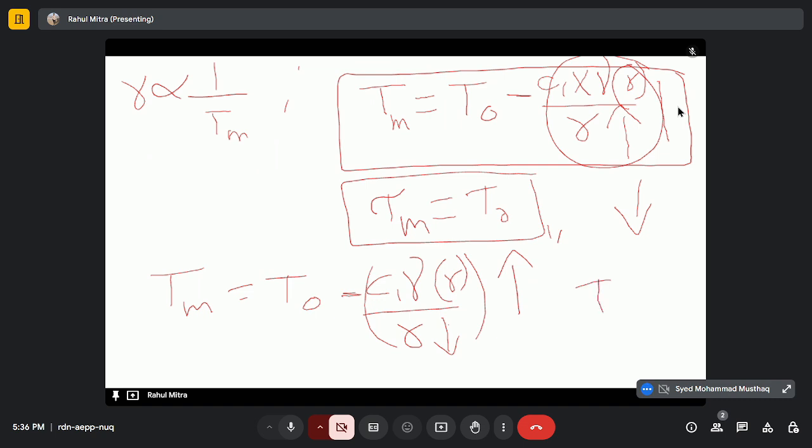So Tm will be less than T naught. The melting temperature will be less than T naught. Here T naught is, I should write, the equilibrium or bulk melting temperature.